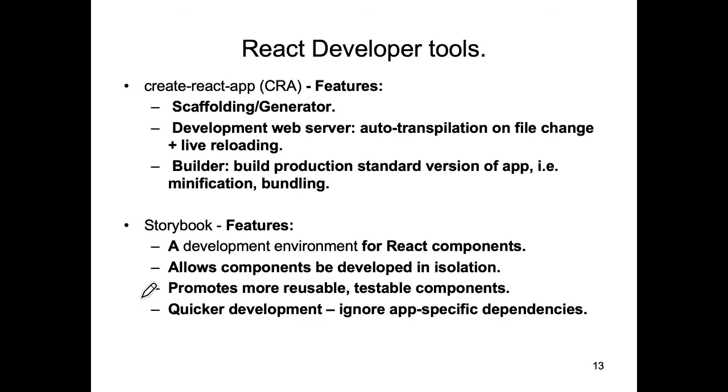And there is a quicker development experience as well, because you can get much quicker feedback in terms of whether the particular component is behaving the way you want it to behave and whether it looks the way you want it to look, without having to worry about all other components that might exist in a larger app.